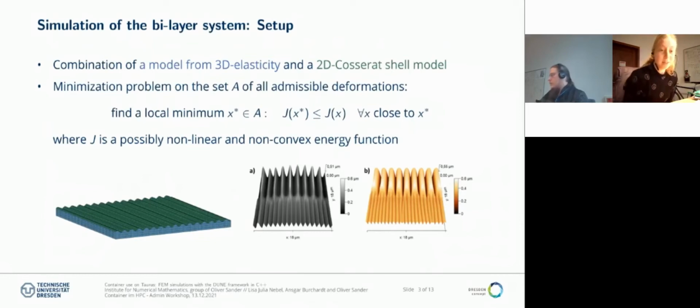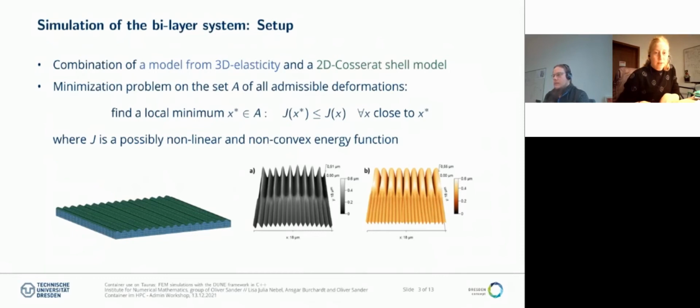From these models, we can derive a mathematical minimization problem, and we are looking for a deformation function that realizes these wrinkles, and we look for the deformation function in the set of all admissible deformation functions.